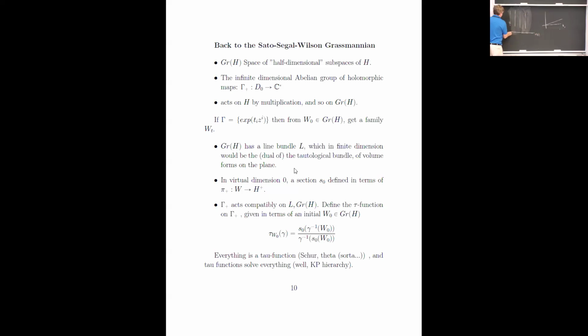Anyway, so it's a line bundle. You'll get a section of this line bundle, but the group. So I'll just put gamma of W. So it's sitting inside the Grassmannian.